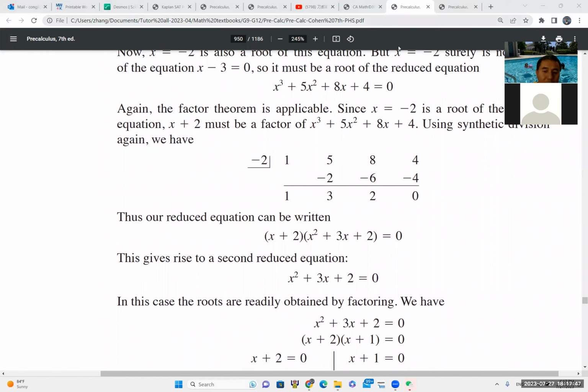That means we degrade from degree 4 to degree equal to 2. Then it's a quadratic. We can handle it, right?